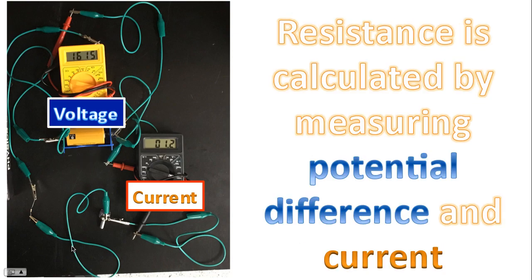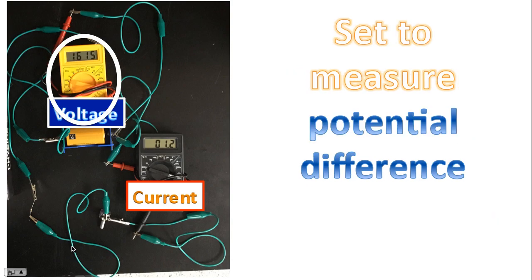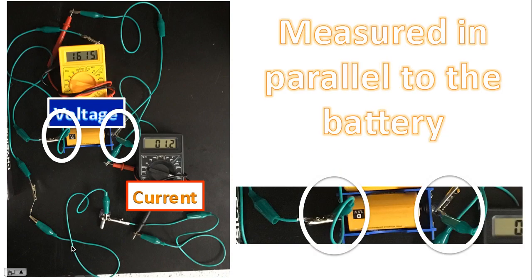And so throughout this experiment, we will assume the internal resistance is constant. Resistance, of course, is calculated by measuring potential difference and current. So the multimeter circled there is set to measure potential difference, or voltage. Notice the leads of that multimeter are placed in parallel to the battery.